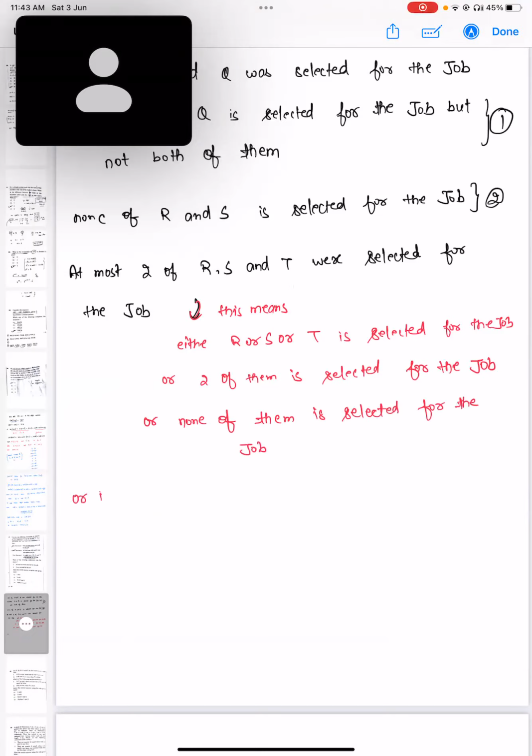Or in other words, all three of them are not selected for the job simultaneously.